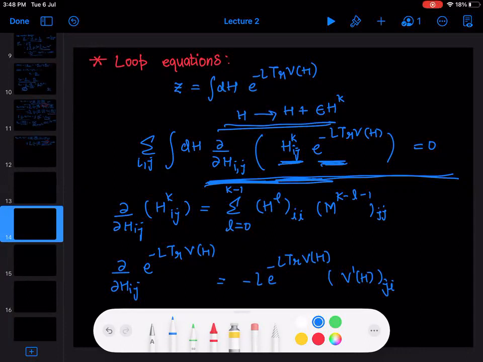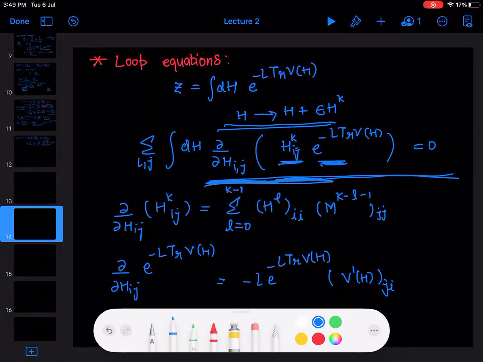So for example, if I want to evaluate R_{1,1}, the loop equation tells me that I just need R_{0,1} and R_{0,2} to evaluate it. And you can go on so for any higher R_{g,n}. So higher loops means higher genus?